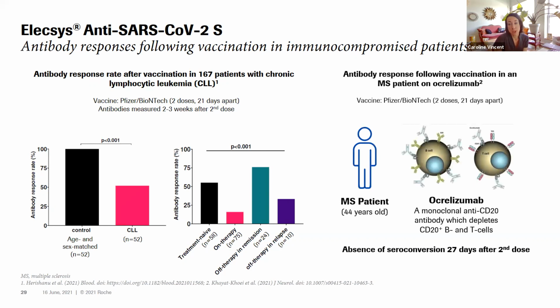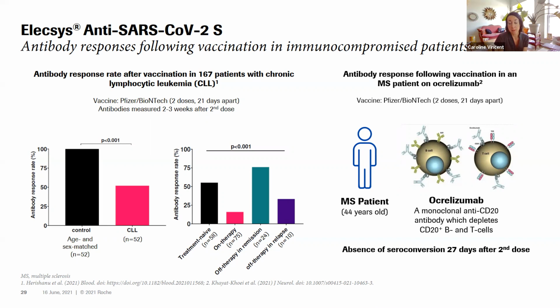There's also a publication that reports the case of a patient with multiple sclerosis who was under treatment with ocrelizumab at the time of vaccination. So ocrelizumab is a monoclonal anti-CD20 antibody which will deplete both B and T cells in these patients.